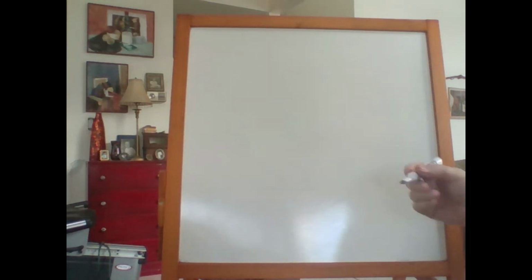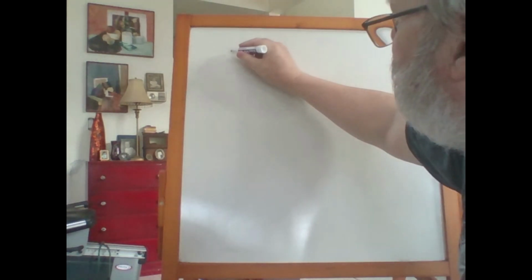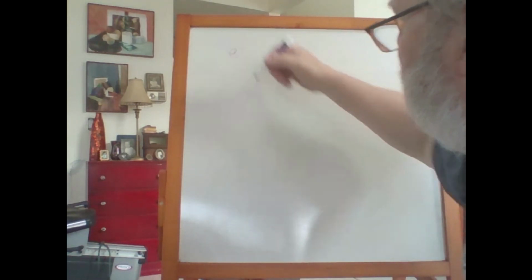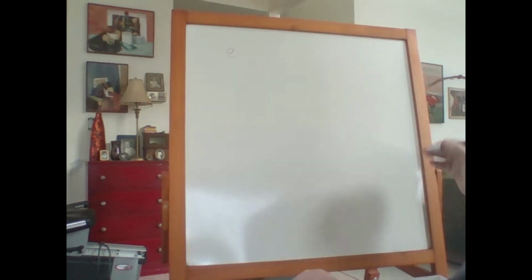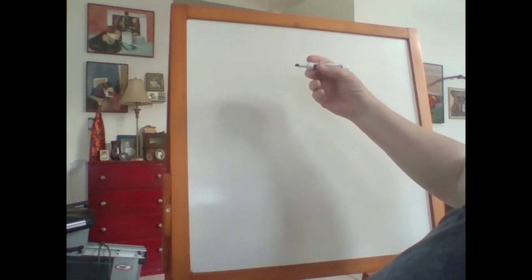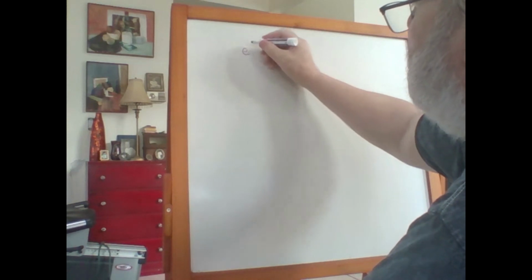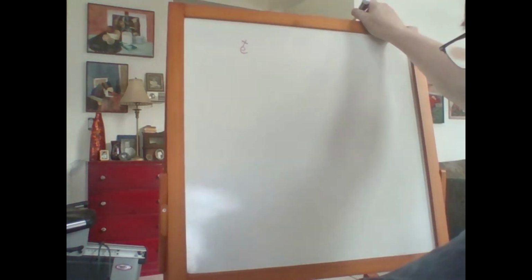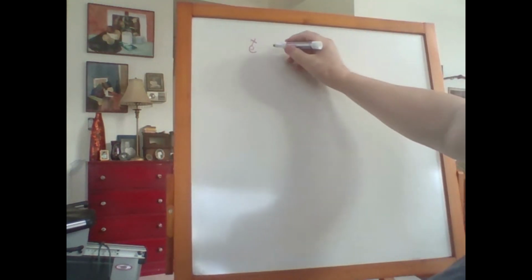Okay, so now, as I promised, we're going to take a look at e. I wish this thing drew better. e to the x. Now let's see, e to the x. There we go. I think you can see.